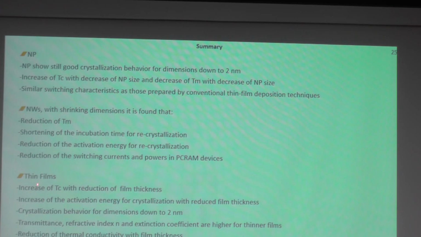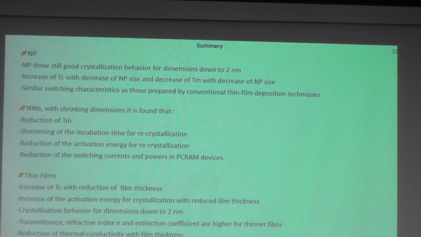Thin films: here we observed an increase of TC with reduction of thin film thickness, an increase of activation energy for crystallization with reduction of thin film thickness, and crystallization for dimensions down to 2 nanometers. The optical properties like transmittance, refractive index, and extinction coefficient are higher for thinner thin films.